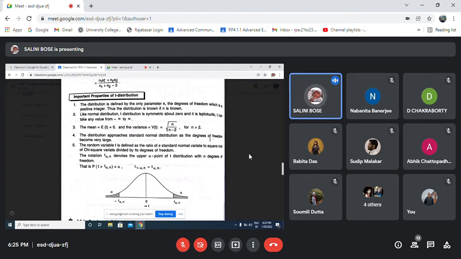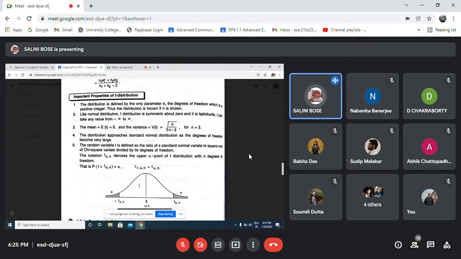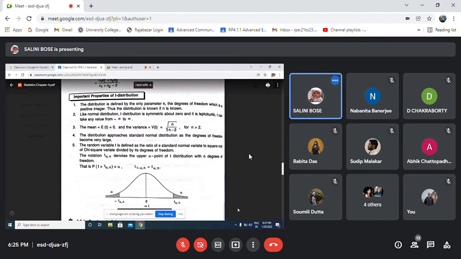So with increasing degrees of freedom, the distribution approaches the normal distribution, because in the normal distribution the peak is not flat. When you decrease the degree of freedom in the T distribution, it gets flatter. So with increasing degrees of freedom, the T distribution approaches the standard normal distribution, with more peak.